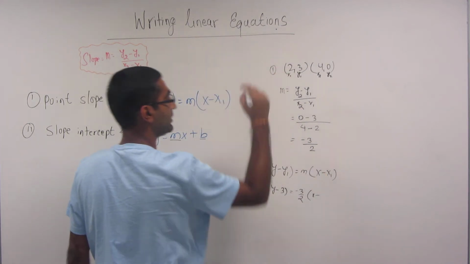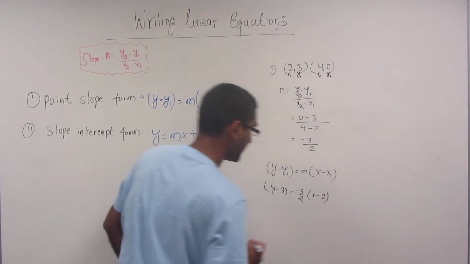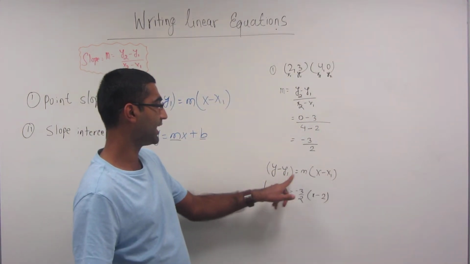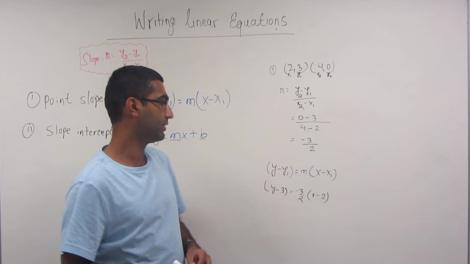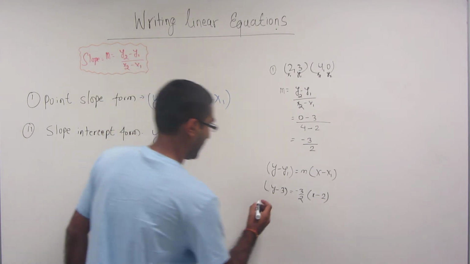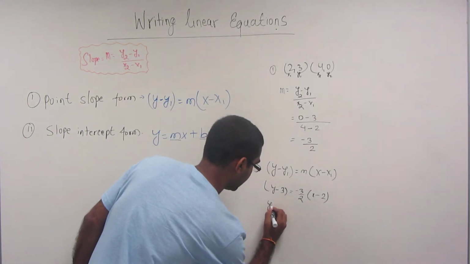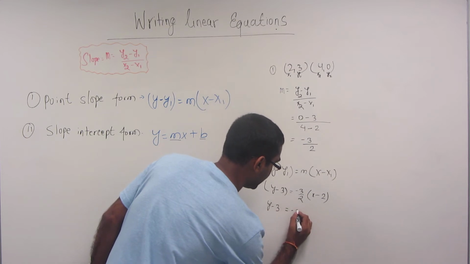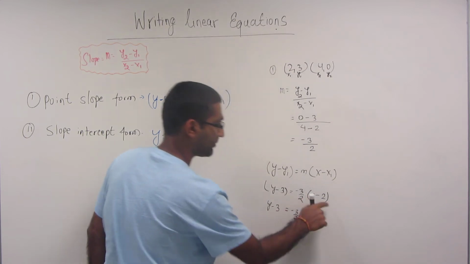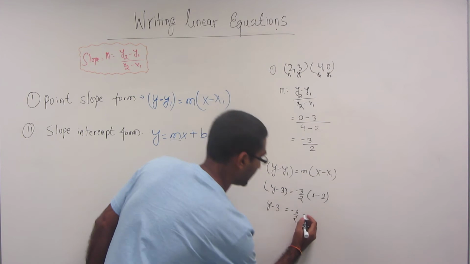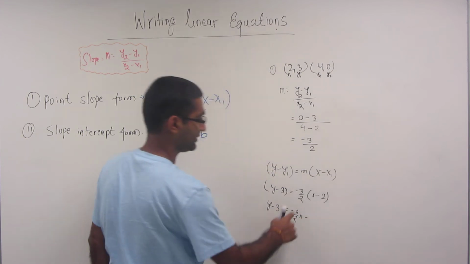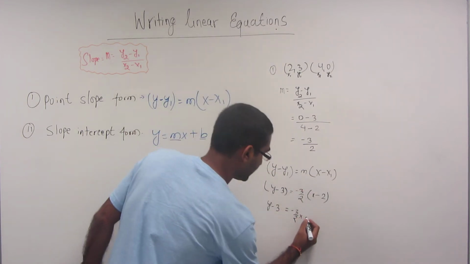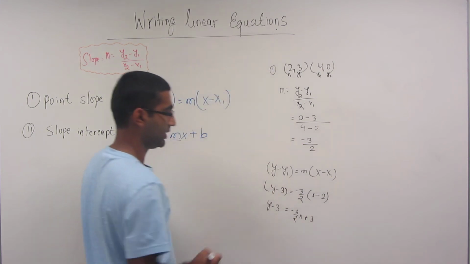And x1 is 2. Now again, it doesn't matter what you pick as your x1, y1. Your end result would be the same. Okay, now let's try to simplify this. y minus 3 equals negative 3 over 2 times (x minus 2). I'm going to distribute this to the parentheses. Minus negative 3 over 2 times negative 2 would just be a 3.